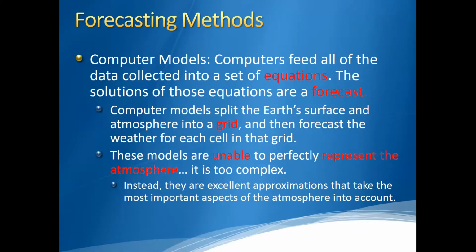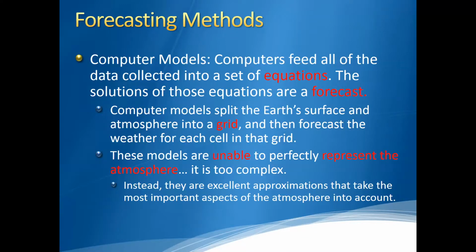The problem with forecast models is that a forecast model is like any model. In order for it to work and in order for it to be efficient, it has to be simplified. So we have to remove some complexities from the atmosphere.